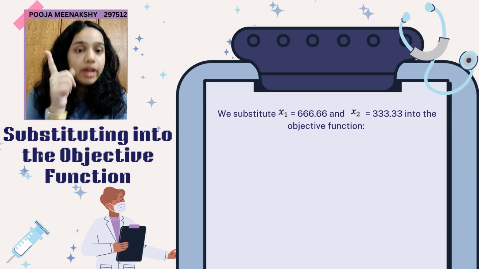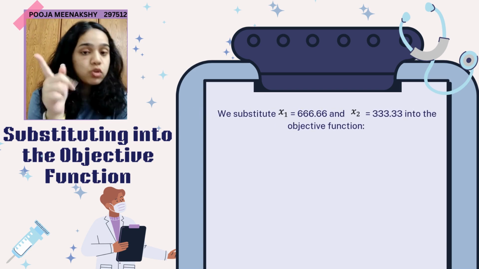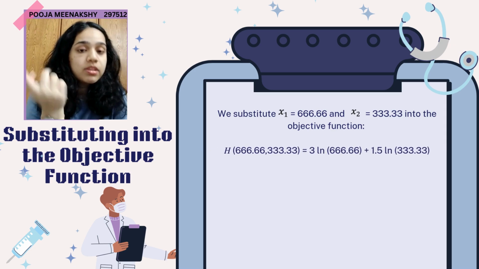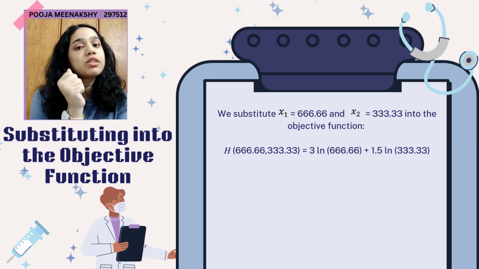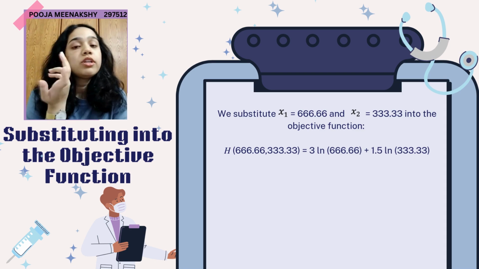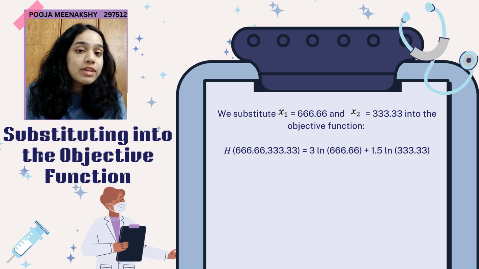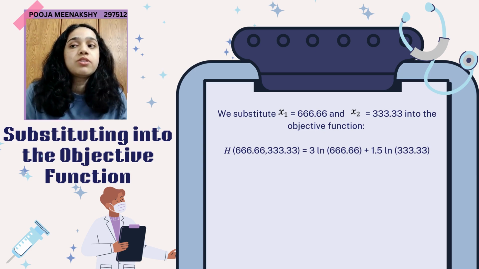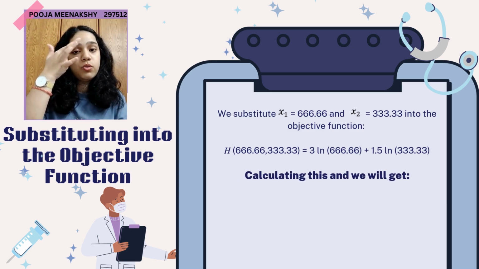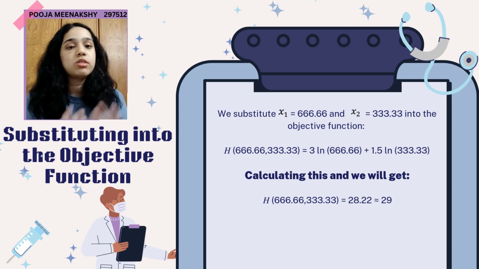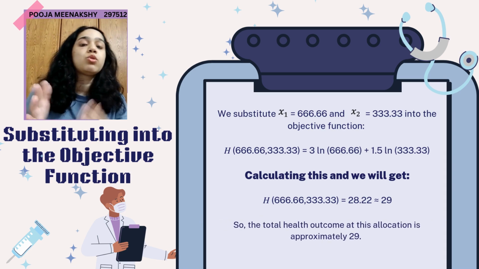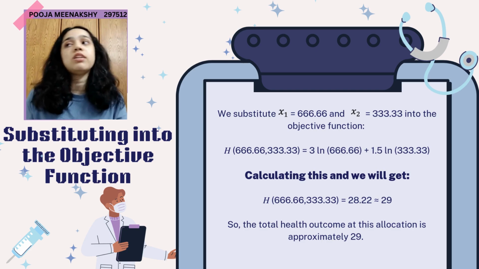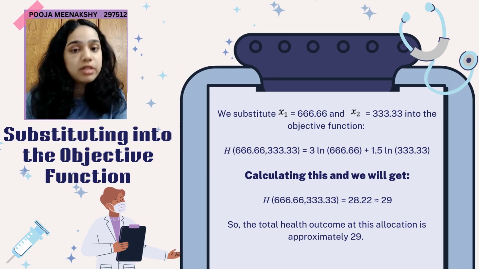So we substitute x1 and x2 into the objective function, which is h(666.66, 333.33) equivalent to 3 ln 666.66 plus 1.5 ln 333.33, and by calculating this we'll get 28.22, which is approximately 29, which means that our total health outcome at this allocation is approximately 29.